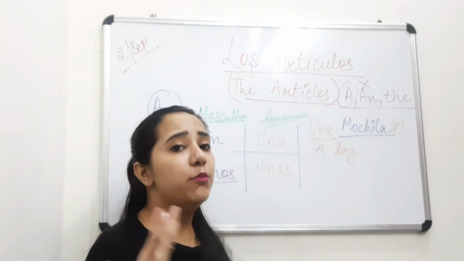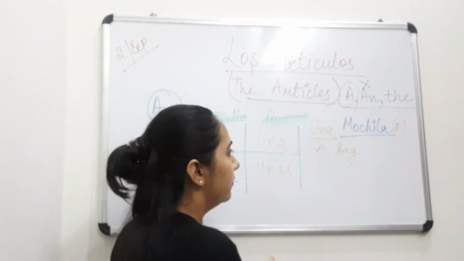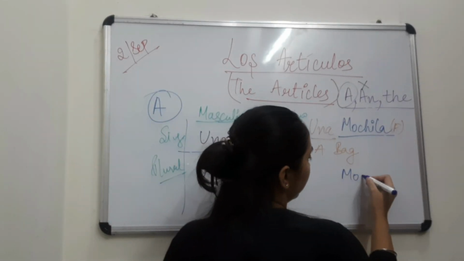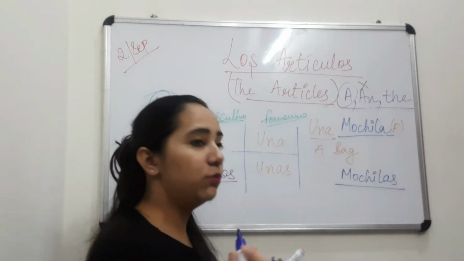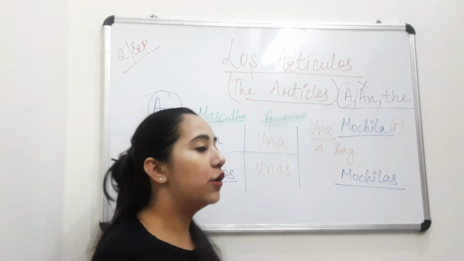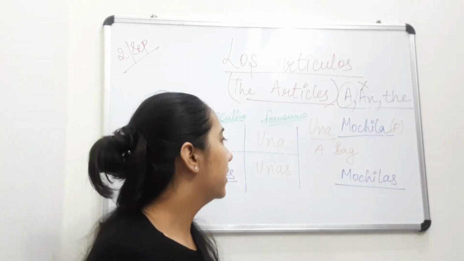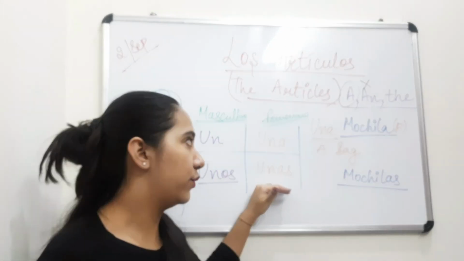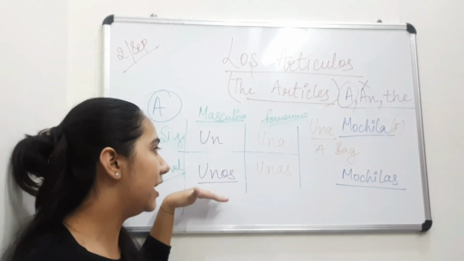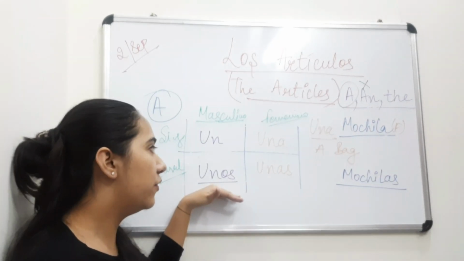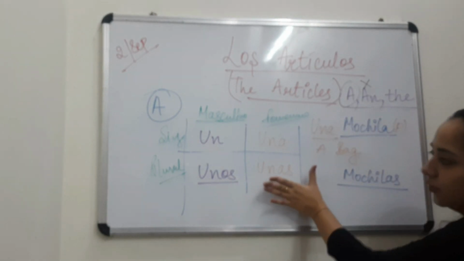For example, if it is mochilas, plural, you will go for the plural article. You will go for this one. This is our plural side. In plural again you have two options. You can go for this one, or either you can go for this one.